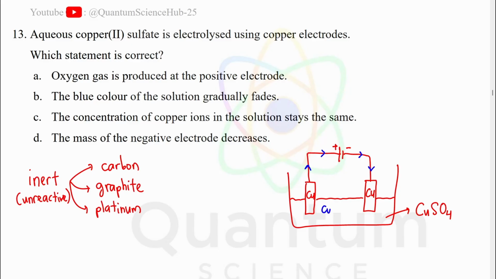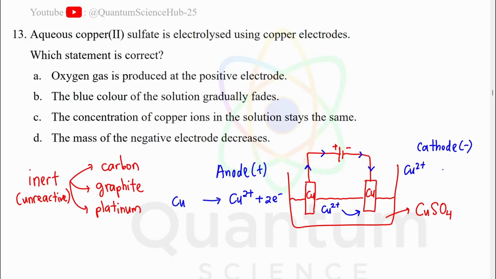So all the copper ions will move from anode to cathode, right? So the ionic half equation at the anode or positive electrode is from element to become ions, right? Cu2+, and then I will put the electron in here. While at the cathode or negative electrode, it is from ions becoming atoms, right? So the electron is at the left side.